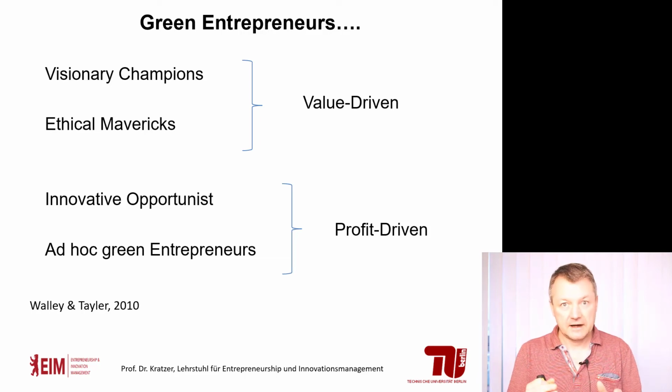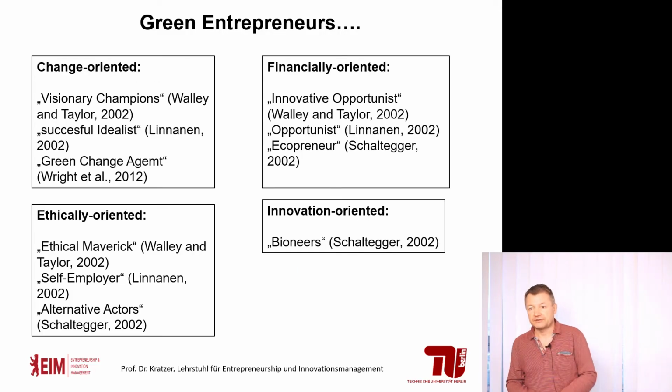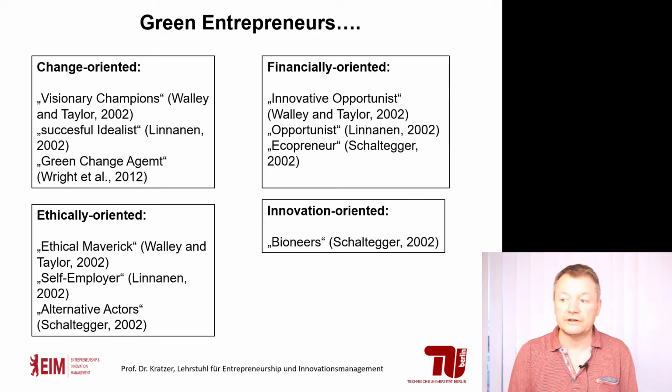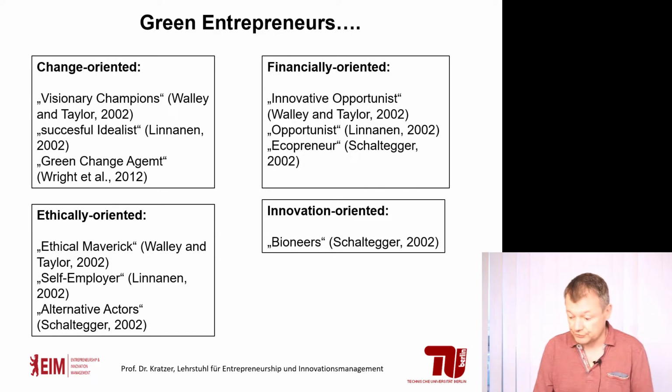That's an economic and also philosophical discussion whether both are actually possible in the right way. You have other classifications: change-oriented, financially oriented, ethically oriented, innovation oriented. People are different and there are very different motivations to start a green enterprise, that's for sure.